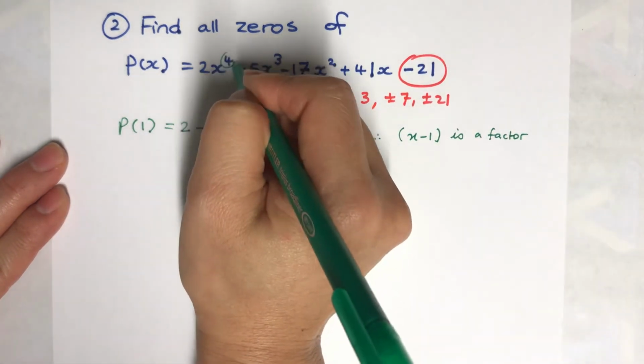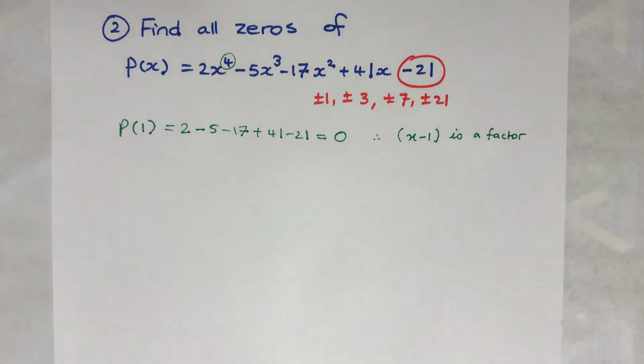Why? Because it's a power of 4. If you do the long division with just the one factor x minus 1, you will end up having another go at a long division, because the quotient is power of 3, and to factorize that you need to do one more time.